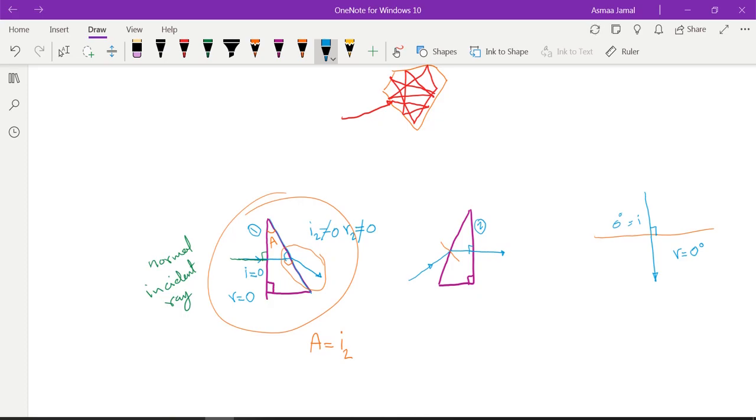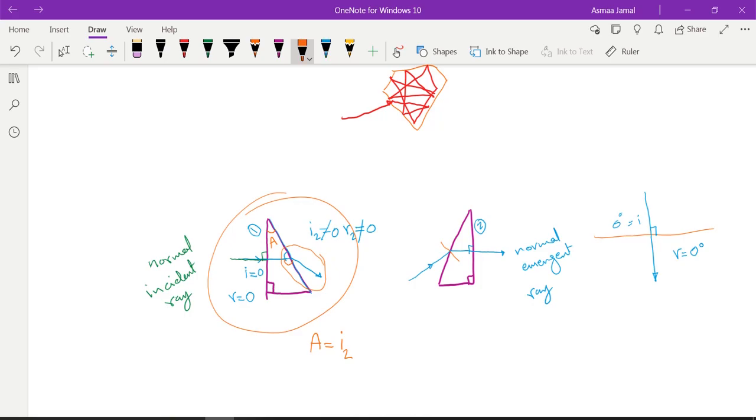The light here will not bend. So in this case, the second incident angle and the second refracted angle both equal 0, since the light will not refract. And here we will call this ray the normal emergent ray. So the normal emergent ray is the ray that leaves the prism without refraction.